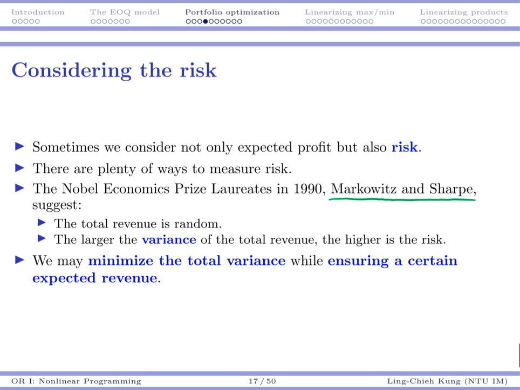We would say the larger the variance, the higher the risk. So in this case, we want to minimize the total variance while ensuring a certain expected revenue.